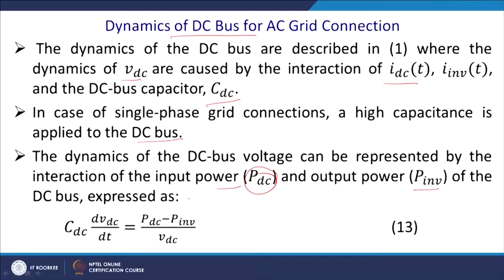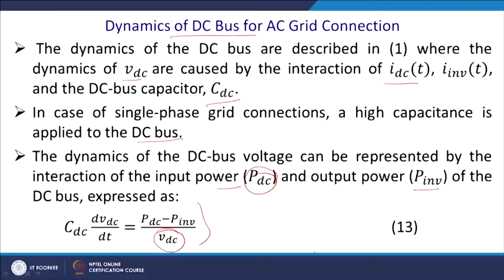So we can rewrite in terms of C dV/dt, with the suffix DC, that is P_DC minus P_INV by the voltage V_DC.